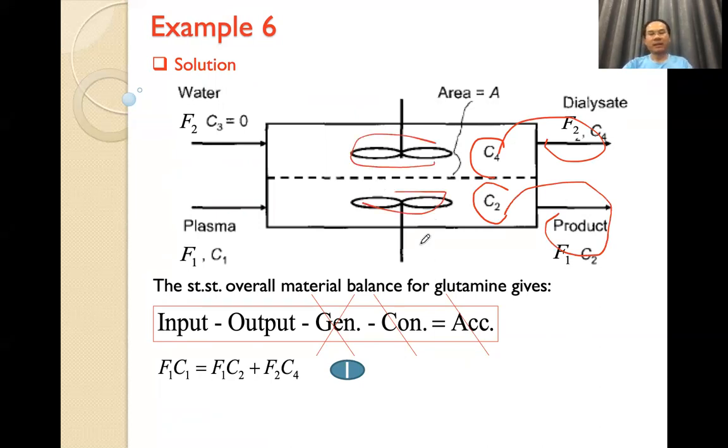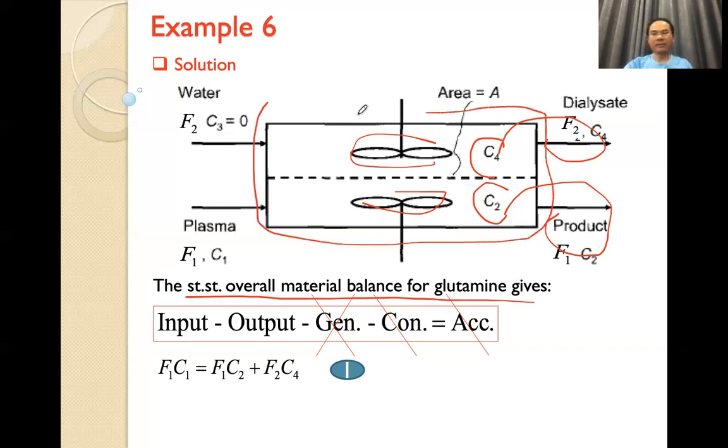Okay. And then we consider the steady state overall material balance for glutamine. That means we balance on glutamine for the overall system. For this case, there is no generation or consumption term. There is no new substance, no reaction. And also we feed in and feed out continuously. We can cancel the accumulation term with steady state.